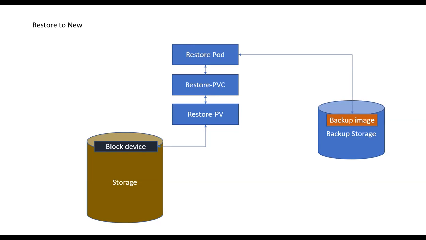This is the normal workflow. However, because this is a CBT backup, we don't have the full image and we do not have all the blocks in this backup image. What we need to do is somehow synthesize it with the previous backup that the backup image was based on, so that we can have all of the blocks belonging to this PVC.